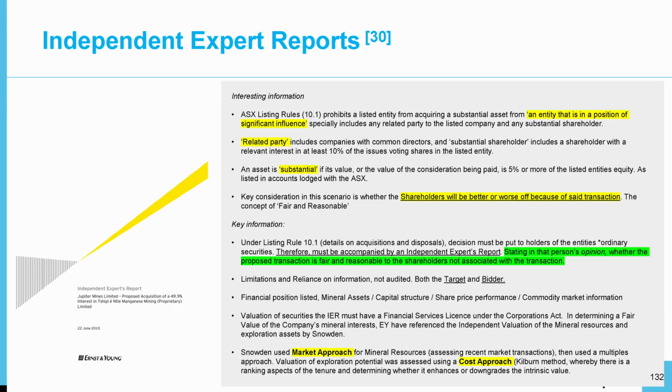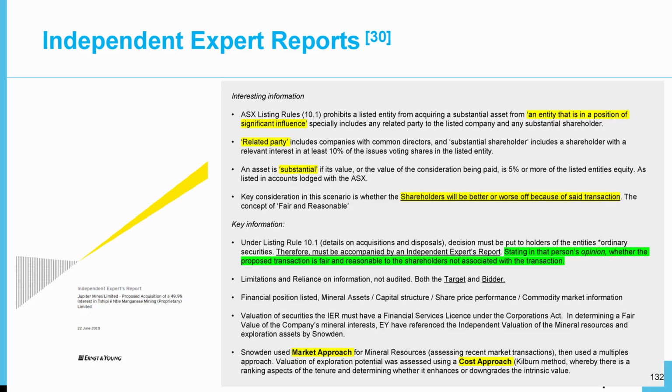So what does an independent expert report look like? There's obviously a lot of legal stuff that goes on at the front end, but they are acting in the best interest of the shareholders. So the scenario is, would the shareholders be worse off or better off under this investment decision or because of said transaction? There's some interesting information at the top there.